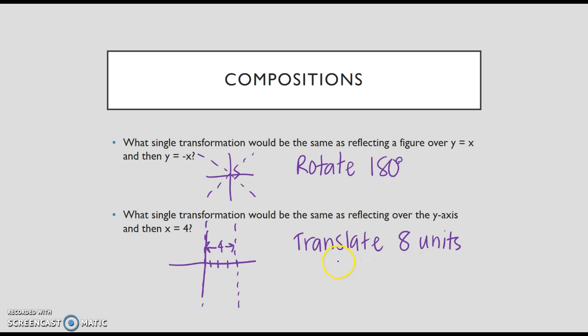In this case, we're going to go 8 units to the right, because we're going from the vertical line here to the right this way. So to go from the y-axis, x equals 4, going to the right, we're going to translate our shape to the right. And that's it for this video to help sum up a lot of the stuff we've looked at in this unit.